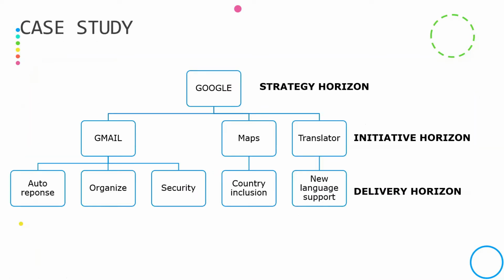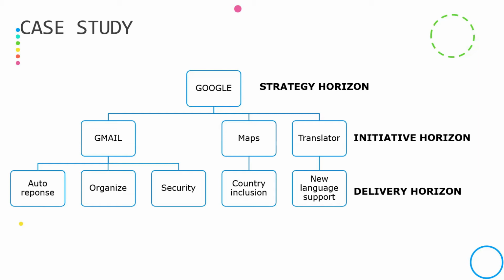Before moving on, let's look at our original case study as well. So we have looked into Google as a company which has certain goals and objectives, and those are analyzed and discussed at strategy horizon. Then we looked at the various solution components or features. For example, Gmail, Maps, Translator, these are discussed and analyzed at initiative horizon.